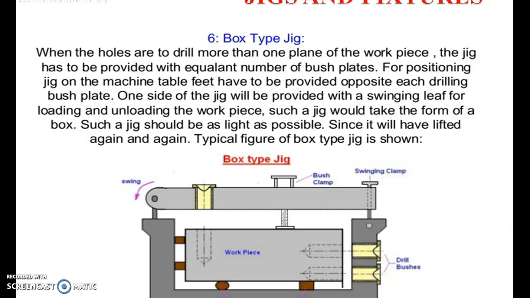Some popular forms of fixtures are turning fixture, milling fixture, broaching fixture, grinding fixture, boring fixture, indexing fixture, tapping fixture, welding fixture, assembly fixture, etc. But according to design and construction, there are three types. Number one is the screw fixture. Number two is the flat fixture. And the last one is the wedge fixture.